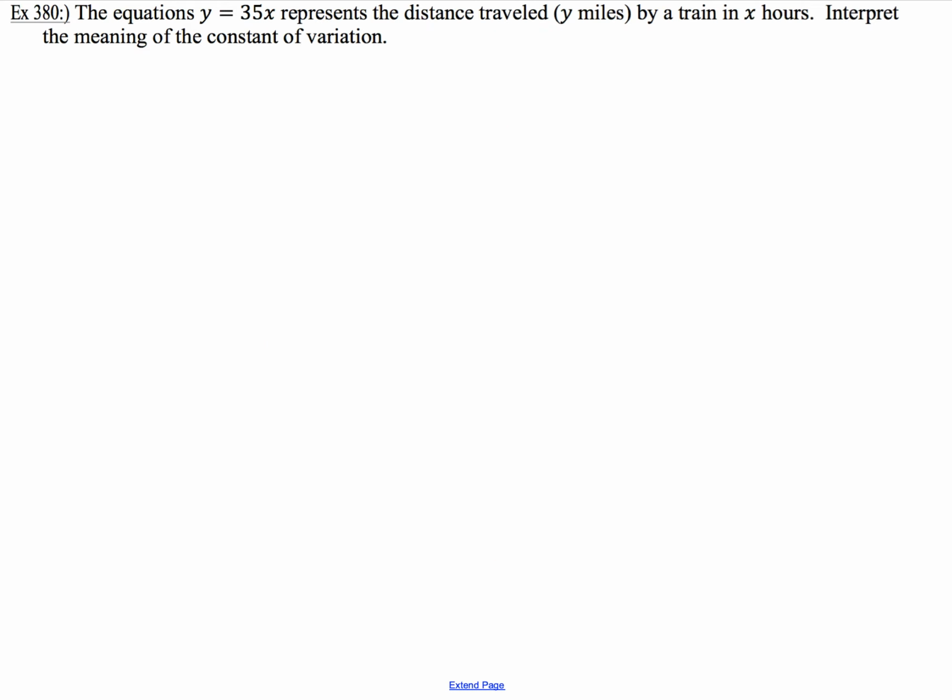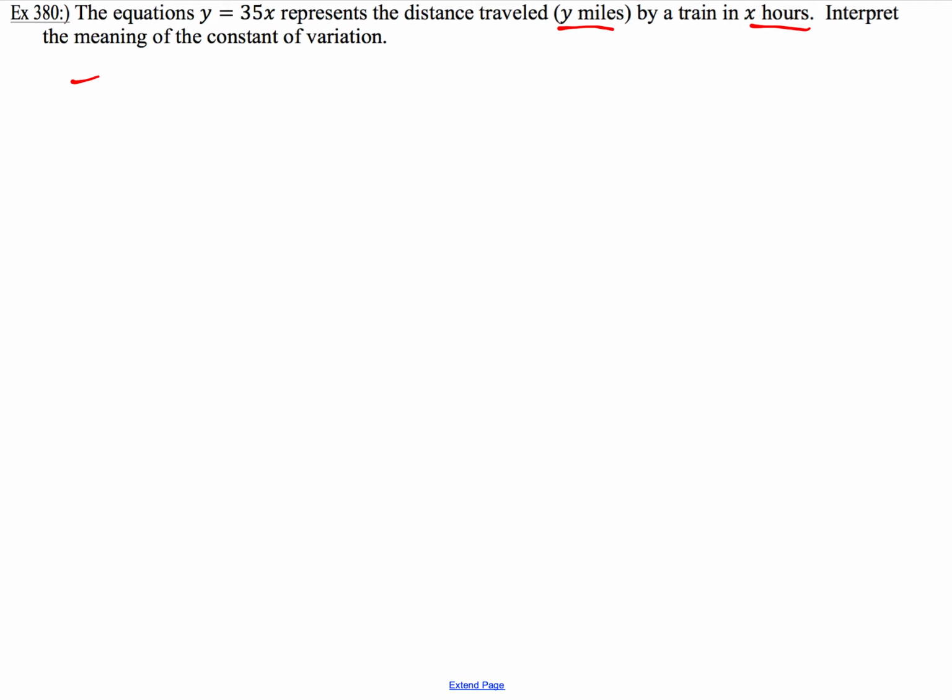The equation y equals 35x represents the distance traveled, y miles, by a train in x hours. Interpret the meaning of the constant of variation. All right, this is where we interpret that 35 has meaning to it. And there is a unit, it is a unit rate measured in y per x, miles per hour.